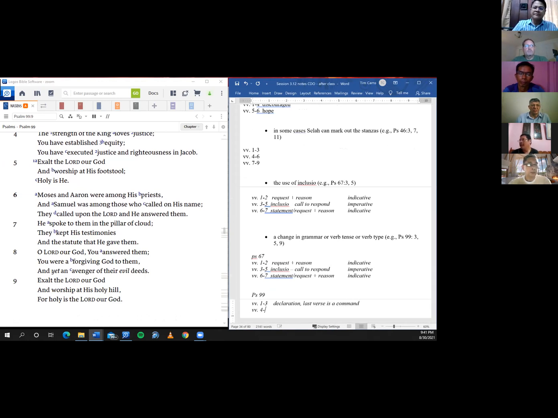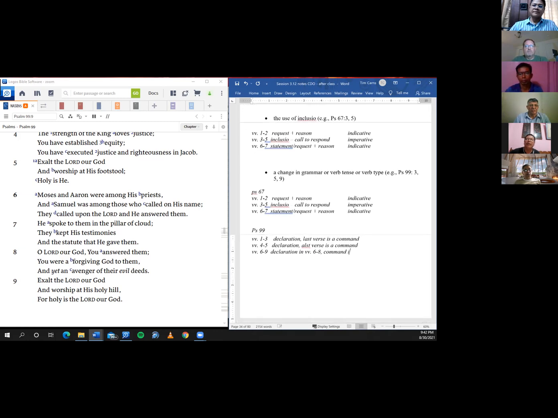Verses 4 to 5, same thing: a declaration, and then last verse is a command. Verses 6 through 9, same thing. Declaration in verses 6 to 8, and then command in verse 9. So I think that this stanza is marked by the command in the last verse of each stanza.